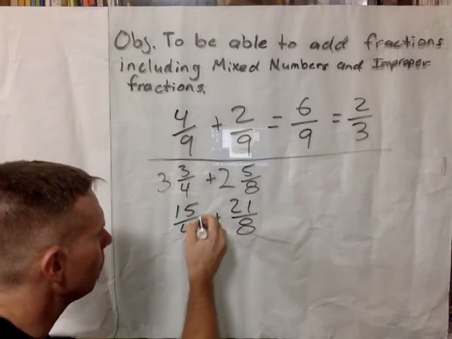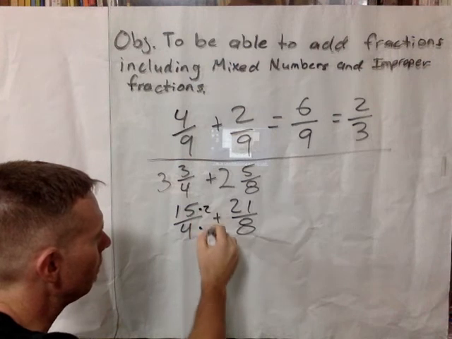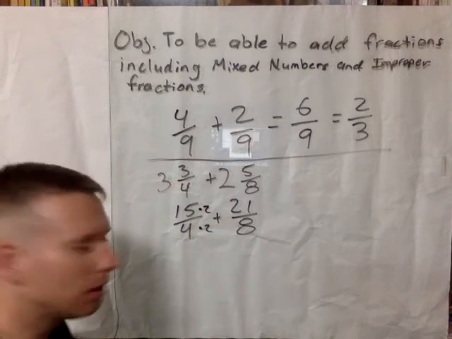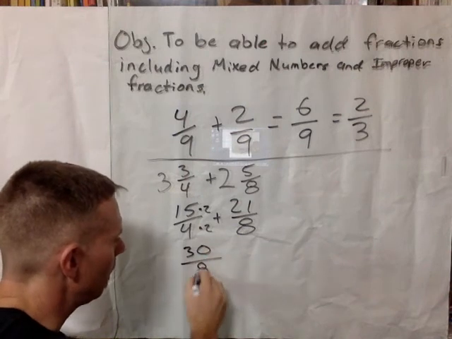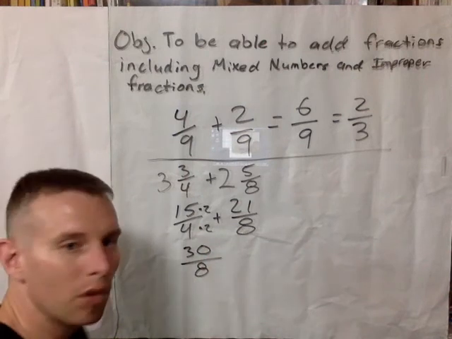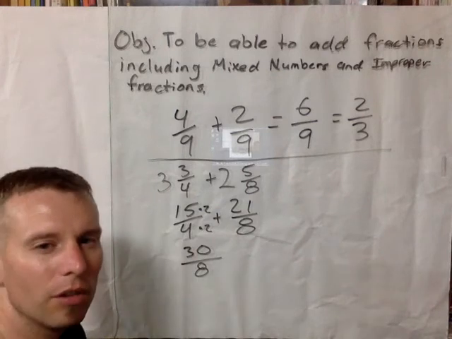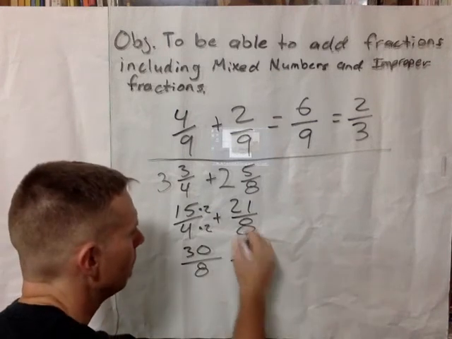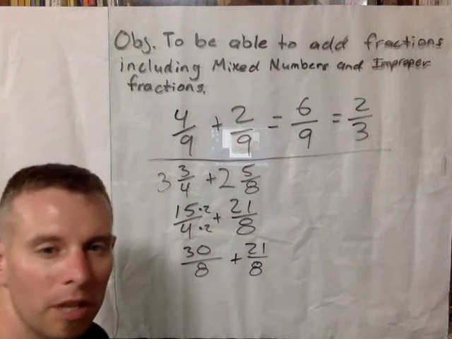So in this case, we're going to multiply the top and the bottom of this first fraction by 2. So 15 times 2 is 30, 4 times 2 is 8, and 15 over 4 is an equivalent fraction to 30 over 8. And now we don't need to do anything to this because it already has 8 in the denominator.